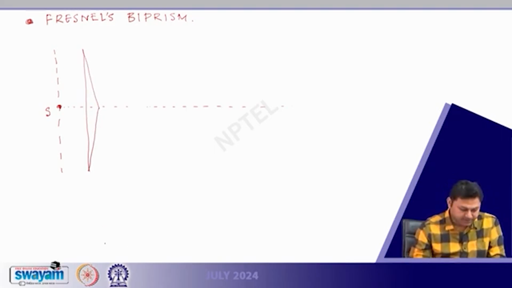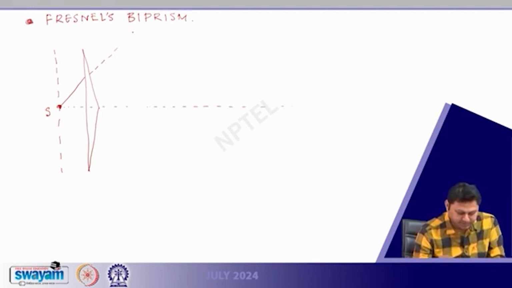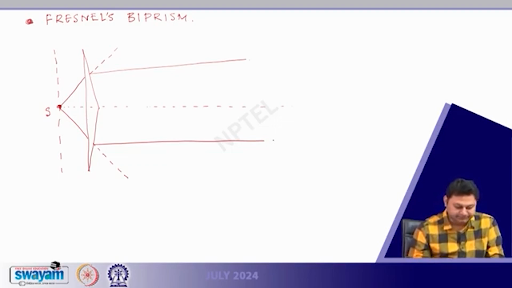Now what happens? The light from S will come like this. It will go here, and then I show you the path of the light, it goes like this. I have another light, and that will reflect like this.